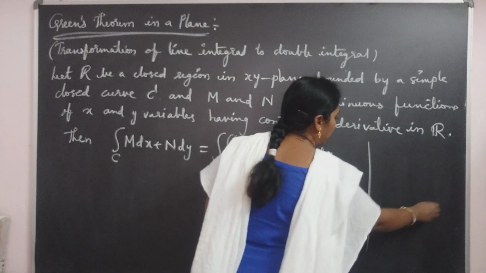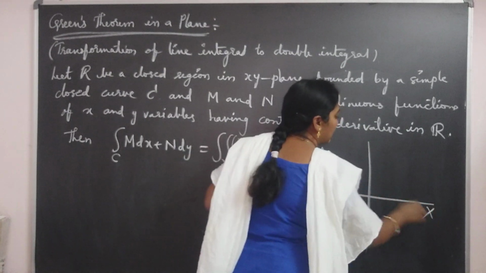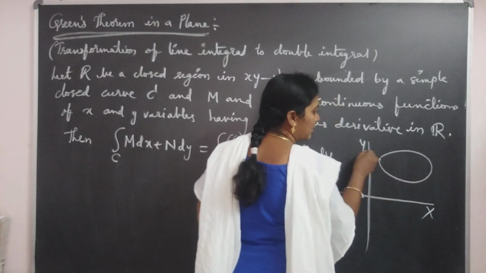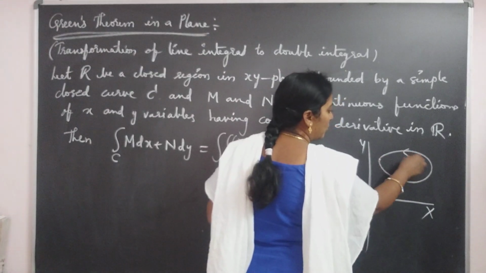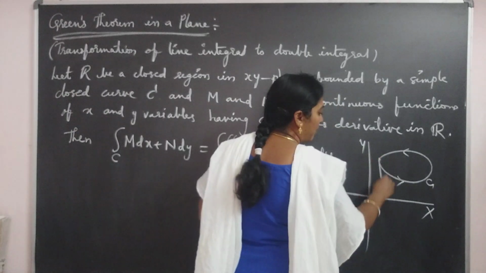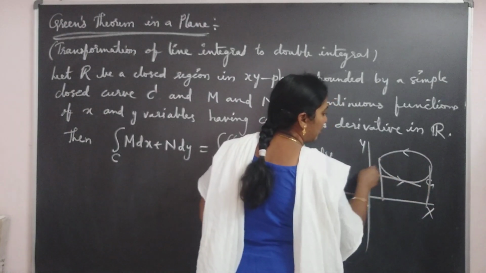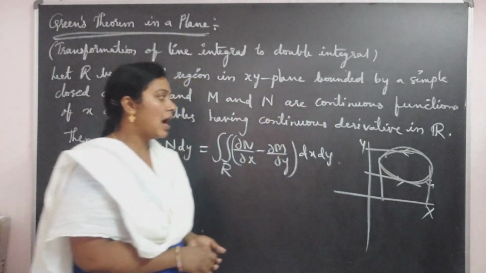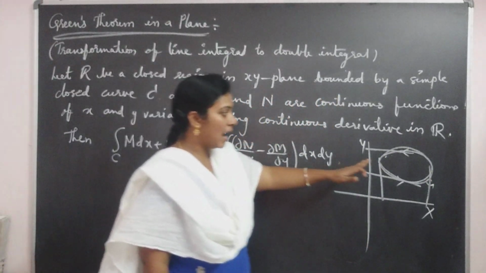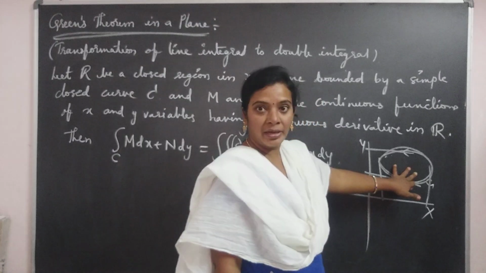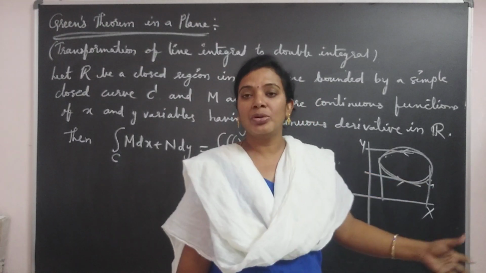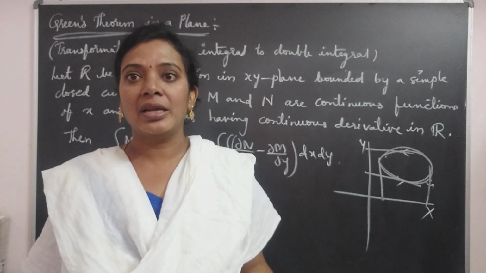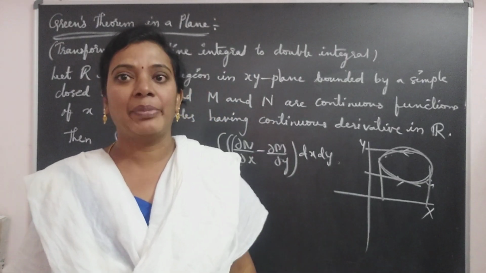That is nothing but taking the x-axis and y-axis, then any curve bounded in the xy plane with the simple closed curve C. By using this relation, we can calculate over the region R in the xy plane, and the functions M and N are both defined in the x and y variables, with continuous derivatives in capital R.